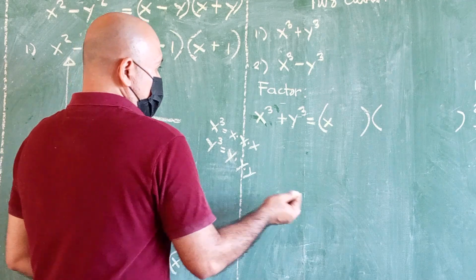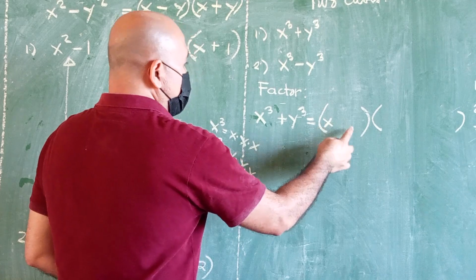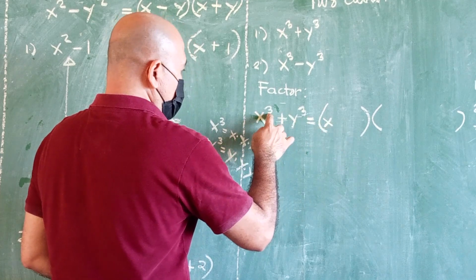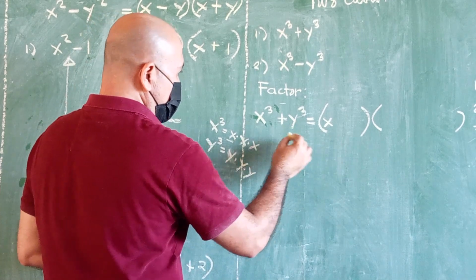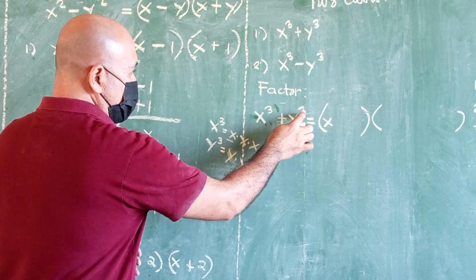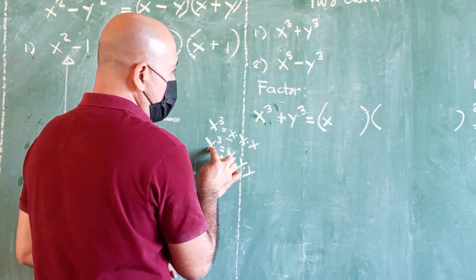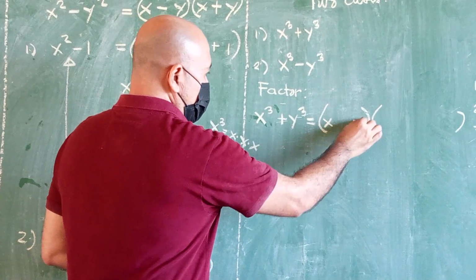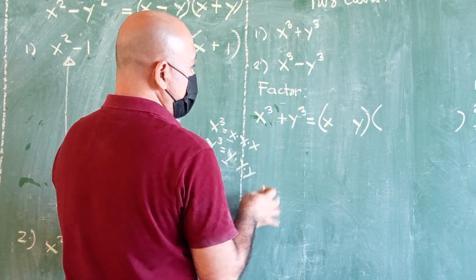Okay, going back, for the binomial, just get the cube root of x cubed, or the first x here, and for the second term, also get the cube root of y cubed, or the first y. That is the second term of your binomial as the first factor.